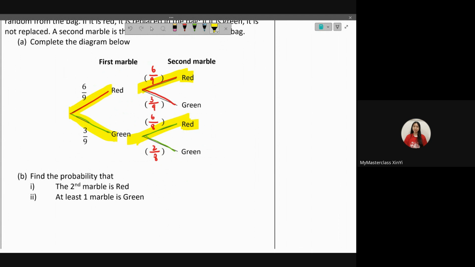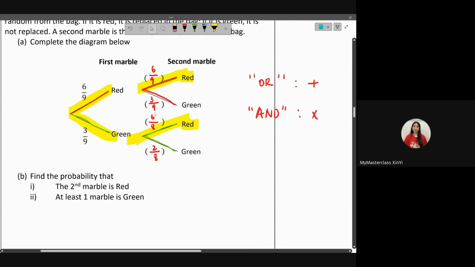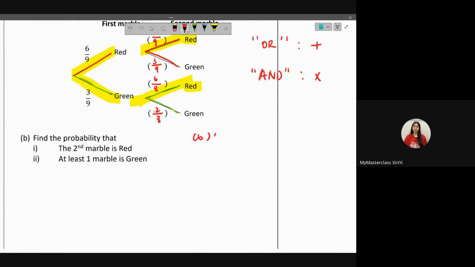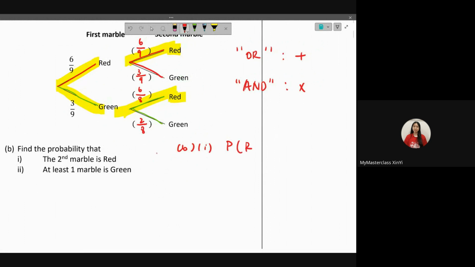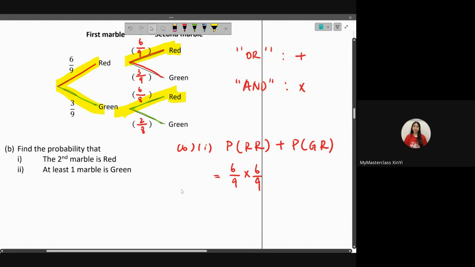The key thing in probability is that or means you're going to add, and and means multiply. So in this case, for part B, part 1, if the second marble is red, it's going to be the probability that the first one is red and the second one is red, or the probability that the first one is green and the second one is red. The probability that the first one is red is 6 over 9, multiplied by 6 over 9 for the second being red.